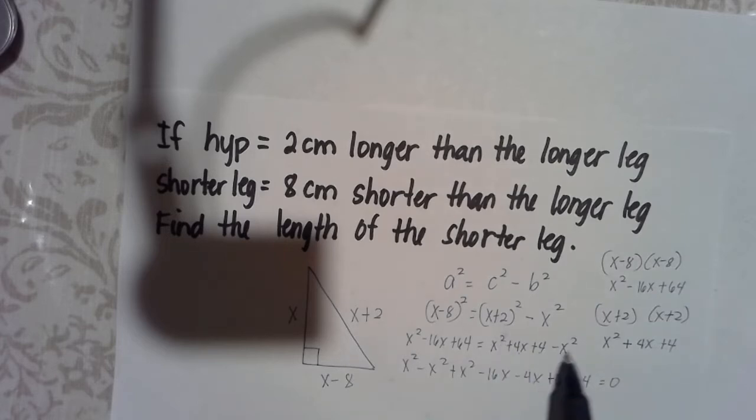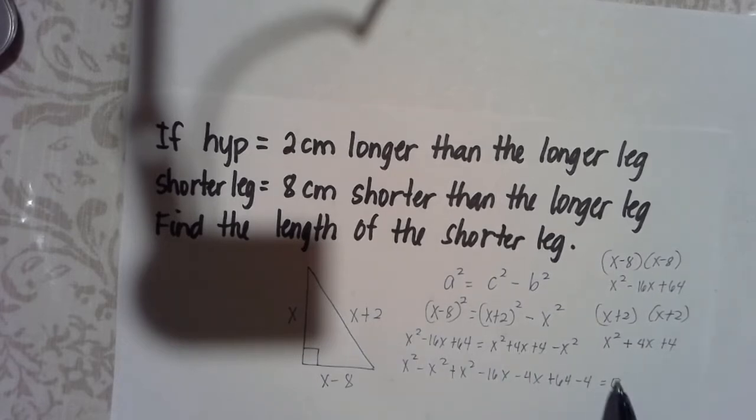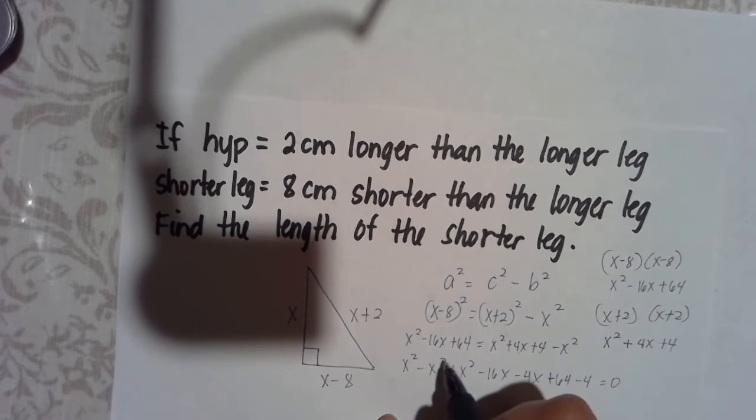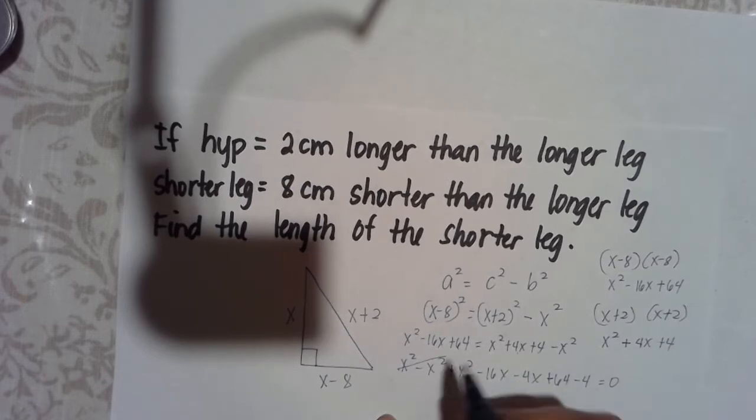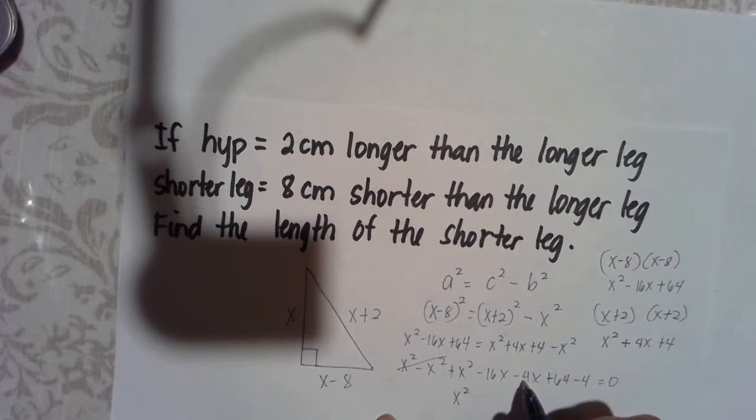All of these have moved to the left side of the equal sign, so there's nothing left on the right side. The x squareds combine to x squared, negative 16 plus negative 4 gives negative 20x, and 64 minus 4 is 60, equals 0.